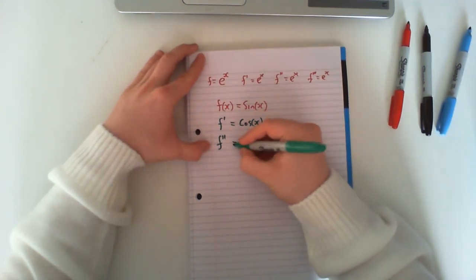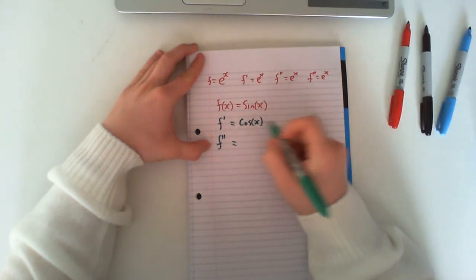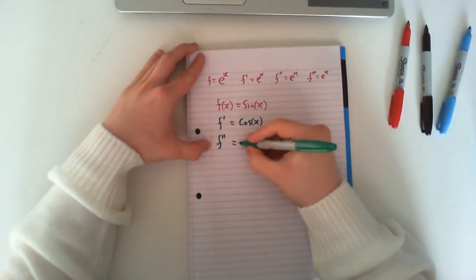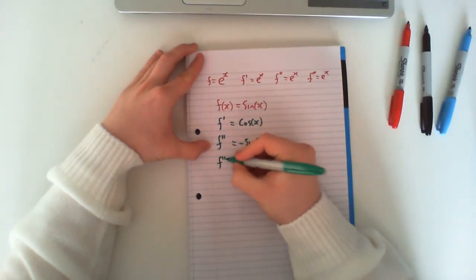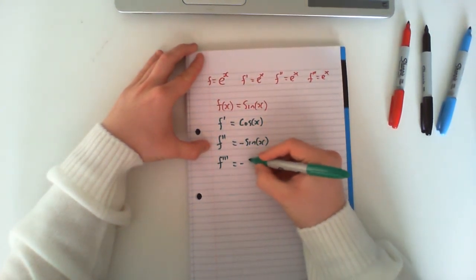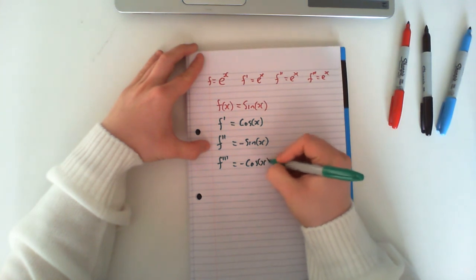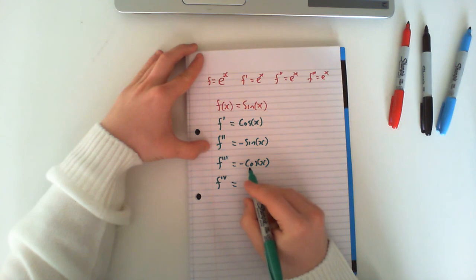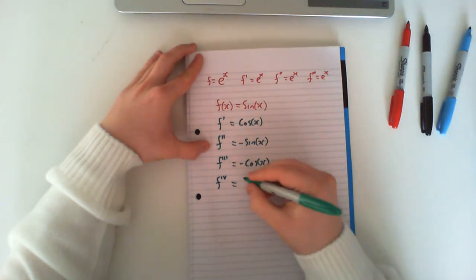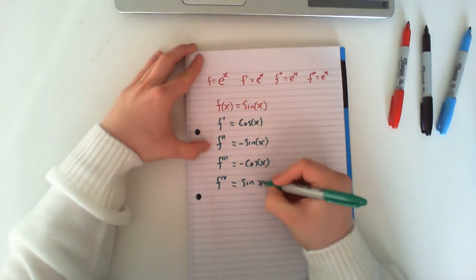Our f double prime then is going to be, now cos x, remember that goes to minus sine x, so minus sine x. Our triple goes to minus cos x, and by the time we get back to number 4, we get minus minus sine x, which is plus sine x. Let's go back to sine x.